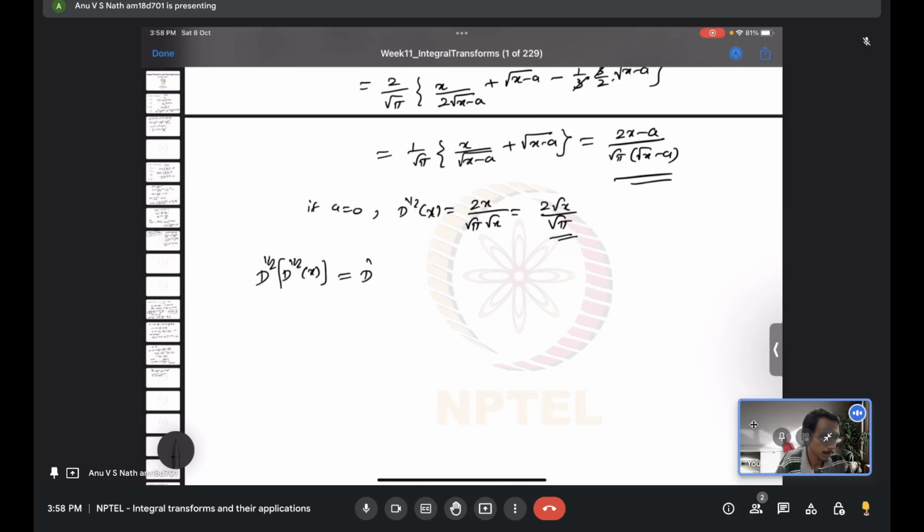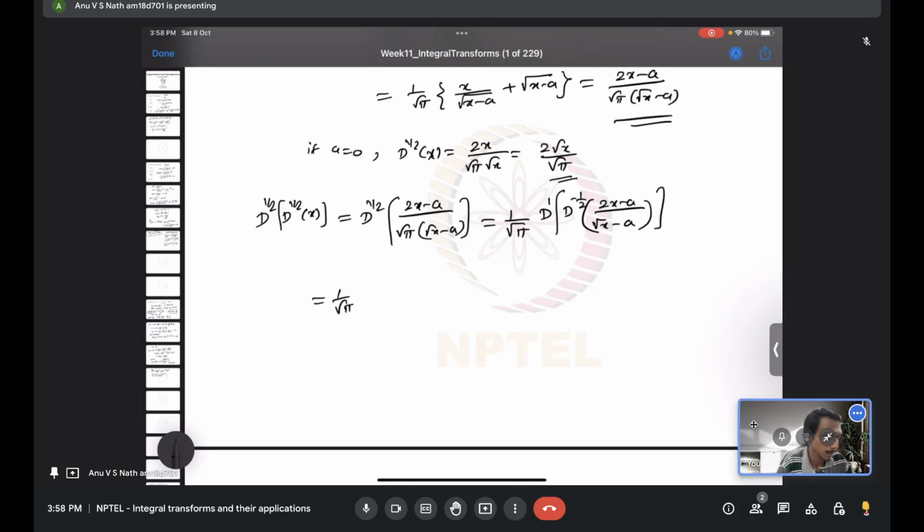So basically we are taking d raised to half of this expression, (2x minus a) by root pi times root (x minus a). So here also we'll take the constants outside, 1 by root pi. Then we'll write it as d raised to 1, d raised to minus half, again repeating the same process, on (2x minus a) by square root of (x minus a). So again 1 by root pi d by dx, using the integral formula.